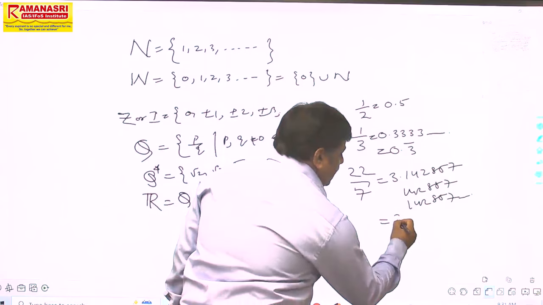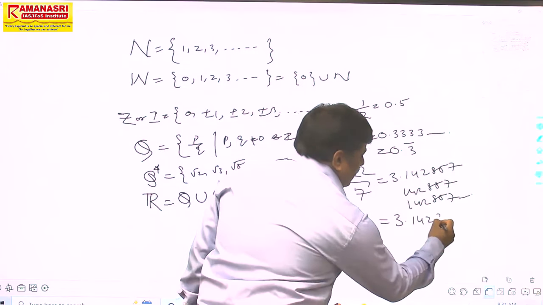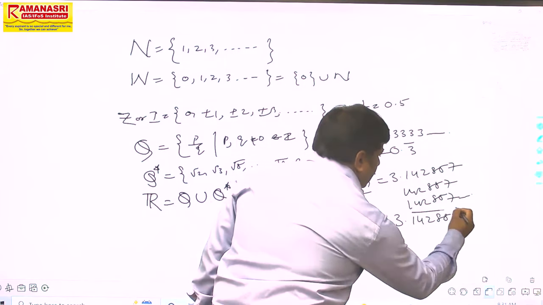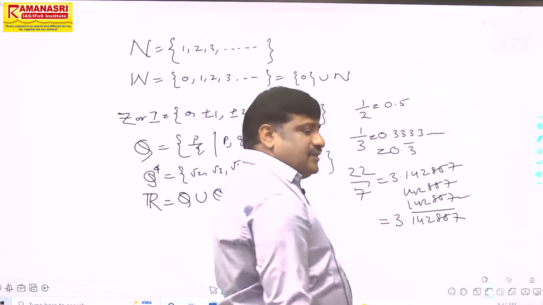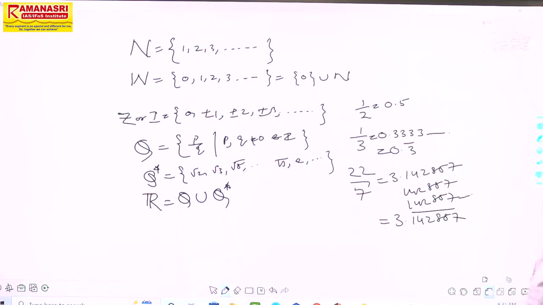Nothing but 3.142857 bar. This is also counted as a rational number, recurring, either ending or recurring.